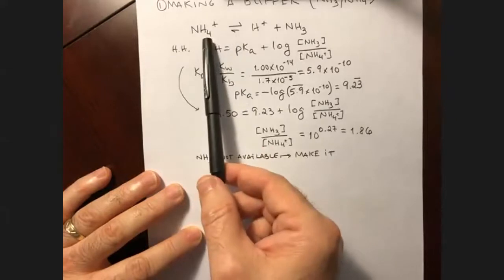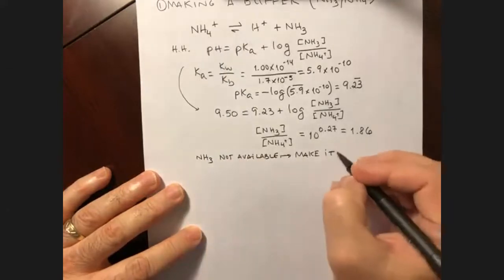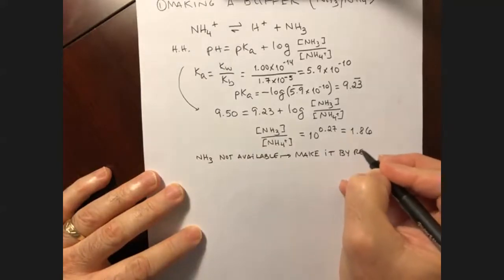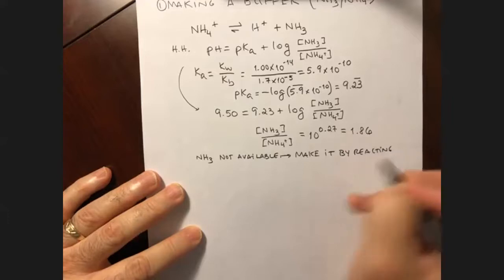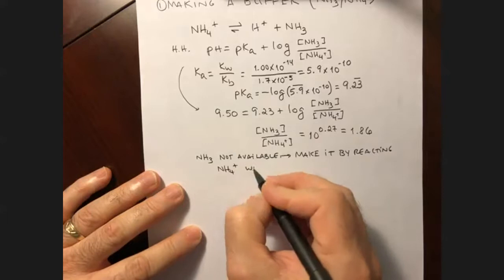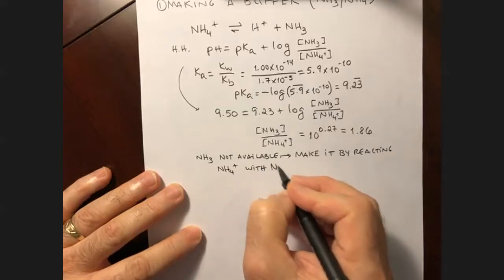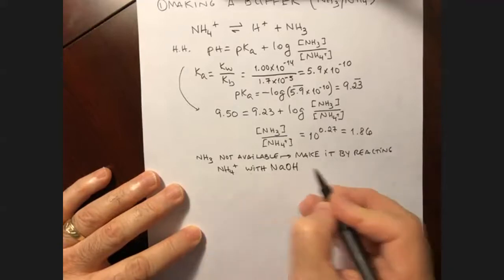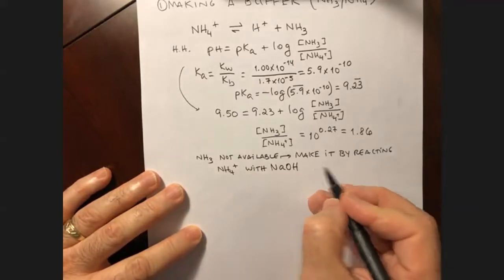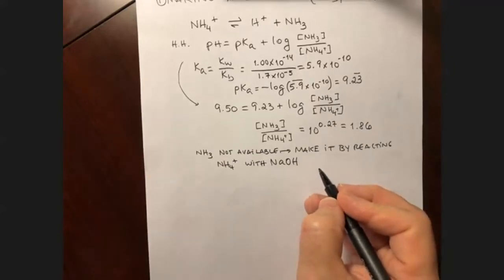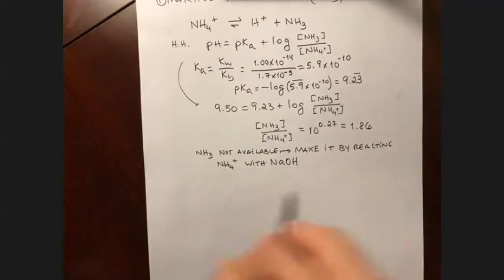Well, what I have to do is I have to neutralize some of the ammonium. So make it by reacting NH4 with NaOH. Acid, base gives me, right, the conjugates, which would be the ammonia and the water. Cool.